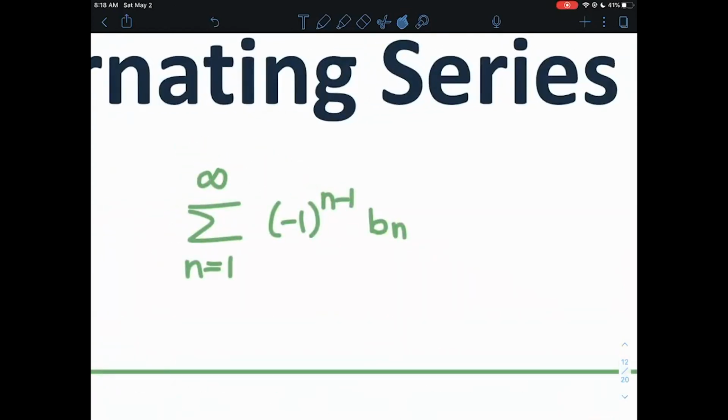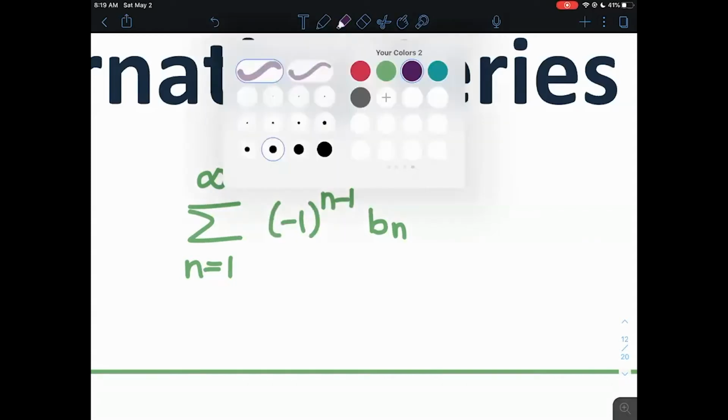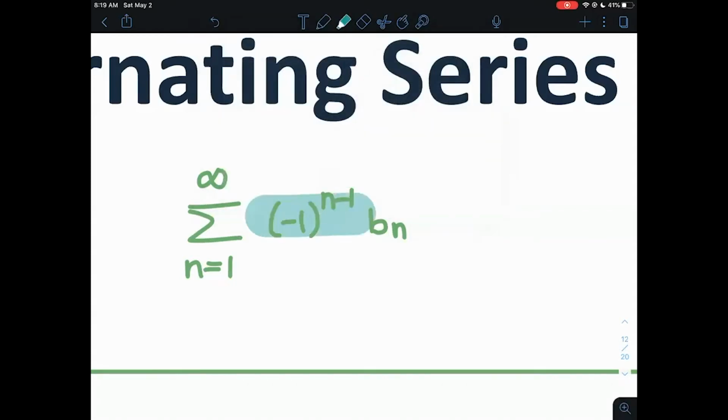Alternating series test can be used for an alternating series. An alternating series is a series that when written out has alternating signs of its terms. So a positive term, then a negative term, positive term, negative term, positive term, negative term. And when we're looking at an alternating series, we see this -1 to some power that causes the alternation.